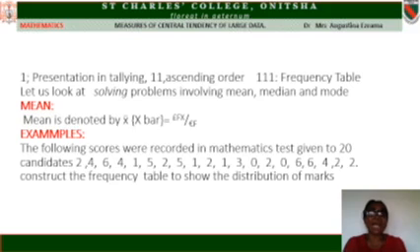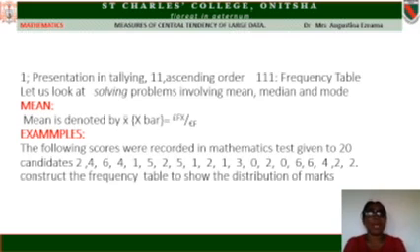Let us look at solving problems involving mean, median, and mode. Starting with the mean. Mean is denoted by x bar. The formula is summation fx over summation f.